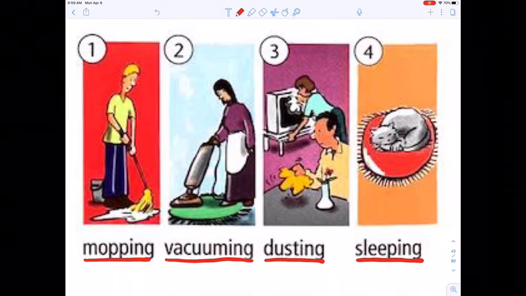I mopped my floor yesterday. Let's look at number 2. Vacuuming. Vacuuming is when you clean your floor with a vacuum.